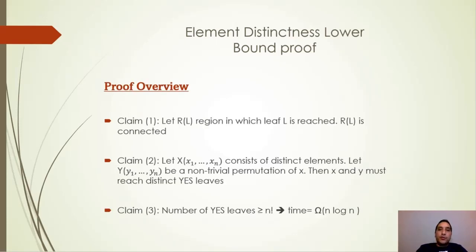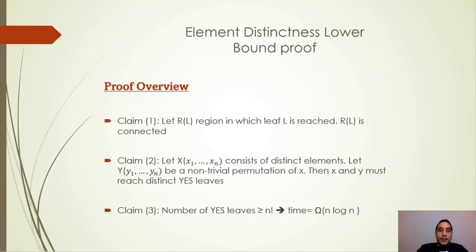Our proof is going to make three claims. The first claim is we're going to take a region, R of L, in which a leaf L is reached, and we claim R of L is connected. We're going to explain in the upcoming slides what connected regions mean.